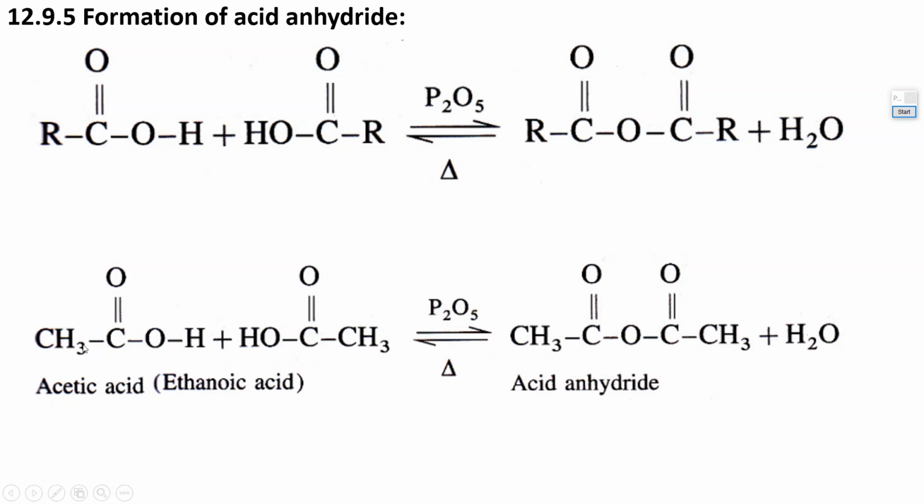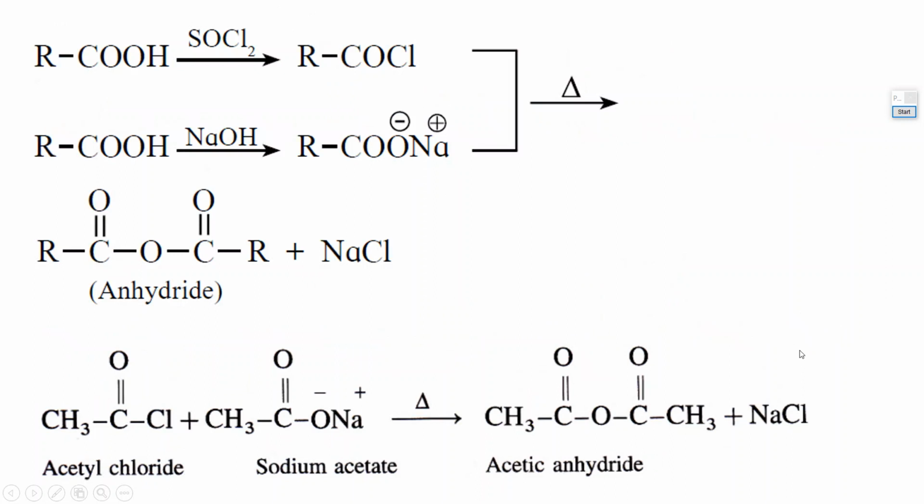Then 2 molecules of acetic acid, ethanoic acid, CH3COOH and CH3COOH, with the minor product H2O in the presence of P2O5. It is a reversible reaction; the acid anhydride can revert to acetic acid. The major product is CH3CO-O-COCH3. We call it acetic anhydride, and the minor product is H2O.